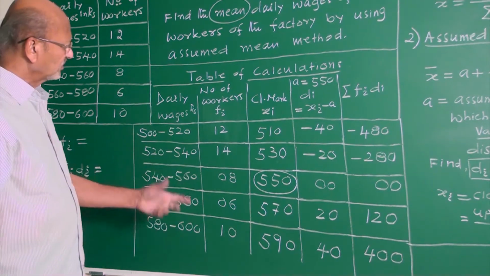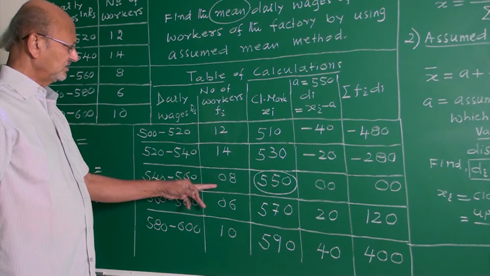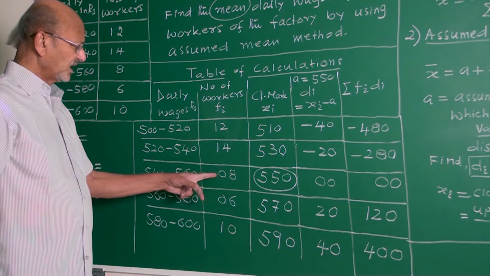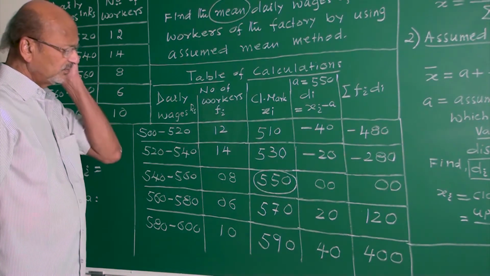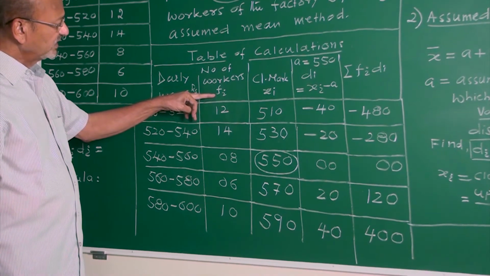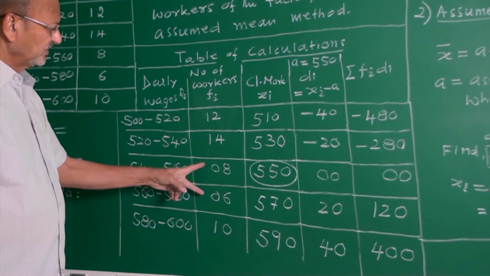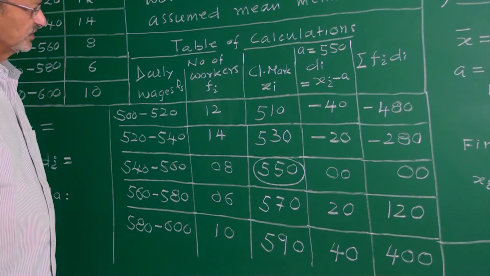These are the number of workers in each category: 12, 14, 8, 6, 10. Just to help the calculation, because you have to find sigma Fi, you have to do the addition.